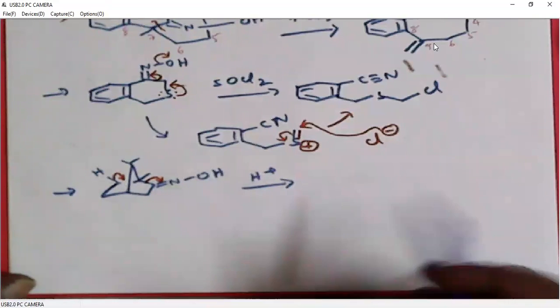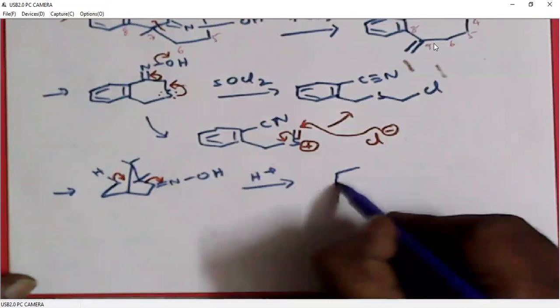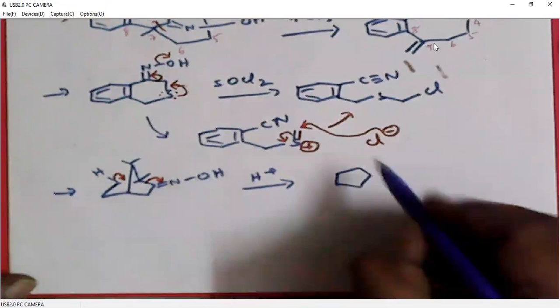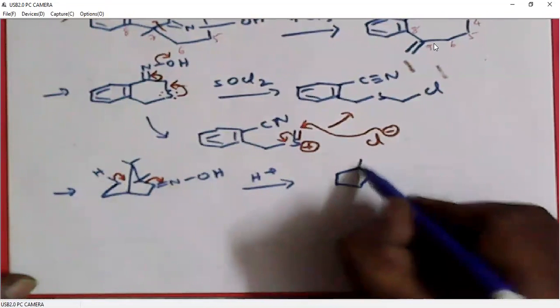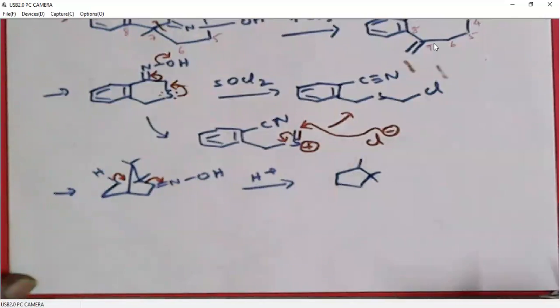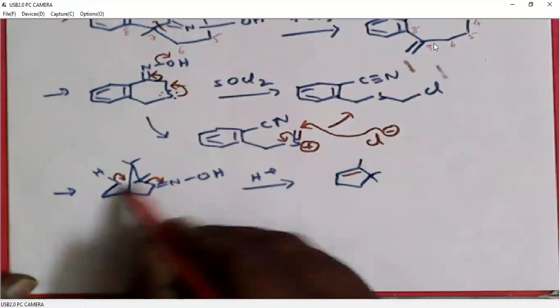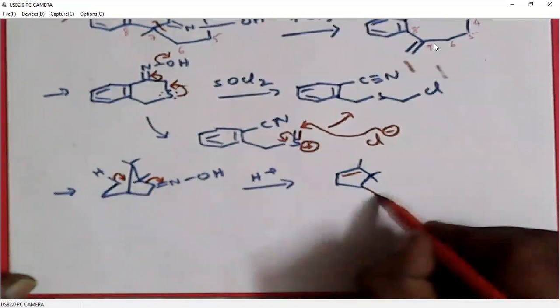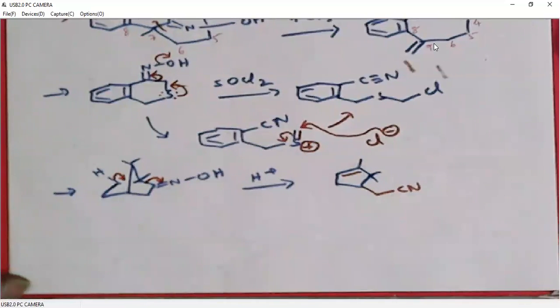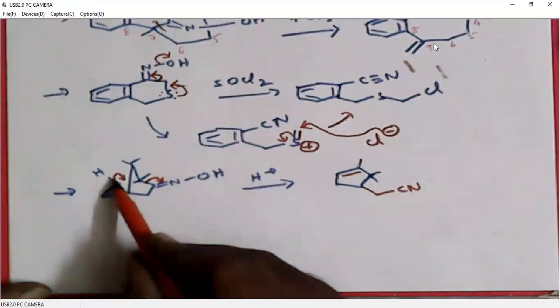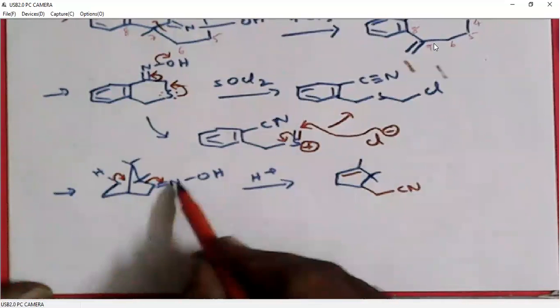So what we are getting is a 5-membered ring. 1, 2, 3, 4, 5-membered ring. And we are generating a double bond here, and this side we have a nitrile group. So this proton here facilitates the bond breaking here.